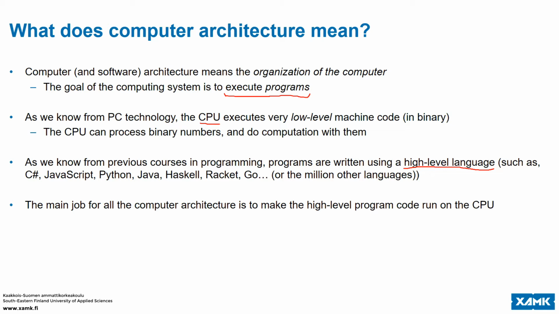So the main job for the computer and all of this computer architecture is to tie together this very low-level hardware, that is the CPU, and the very high-level computer programs, which are the programs that we write using high-level languages.